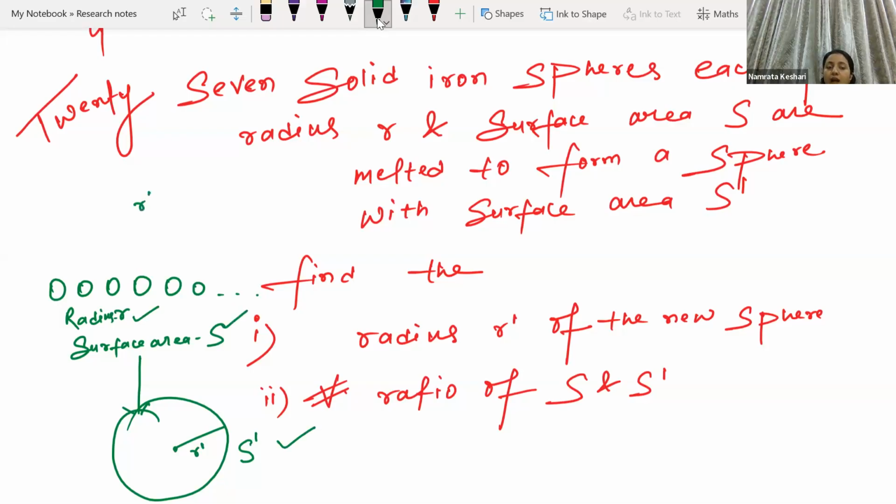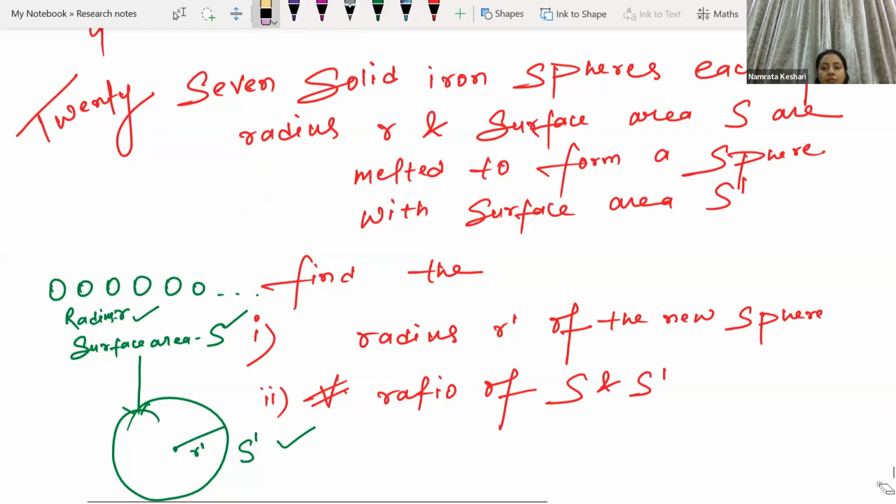We want to find r dash, in terms of r or s dash. Are you getting it? Because these three things are given in the question.